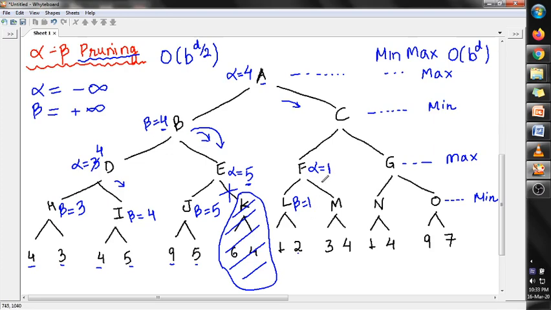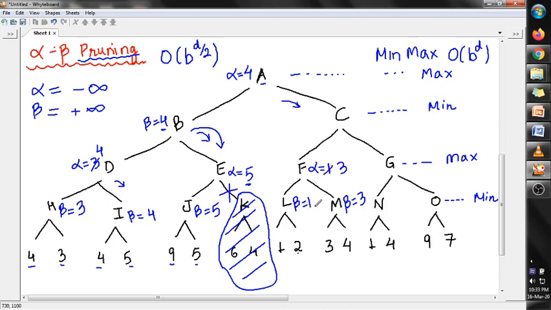Now let us find out the value for this M node. Since it is a minimum node, you need to write beta equals 3. And when you write beta equals 3, the value of this alpha should be changed. So you need to write alpha equals 3.